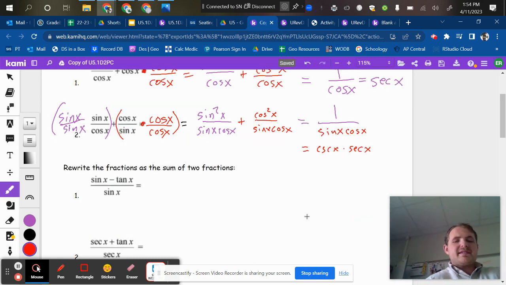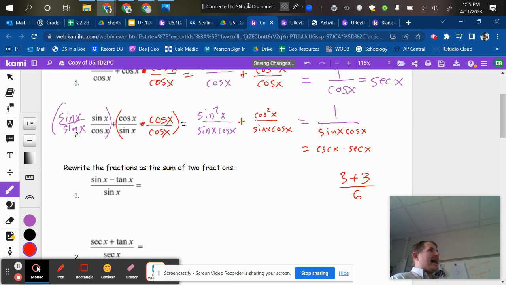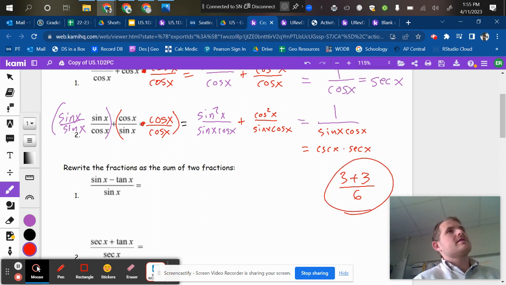If you had something like this, now, before, if those got split into 2 fractions, what would the 2 fractions be right there? If you broke it apart into 2 fractions. 3 over 6 plus what? 3 over 6 plus 3 over 6, okay? We're going to do that exact same concept right there.